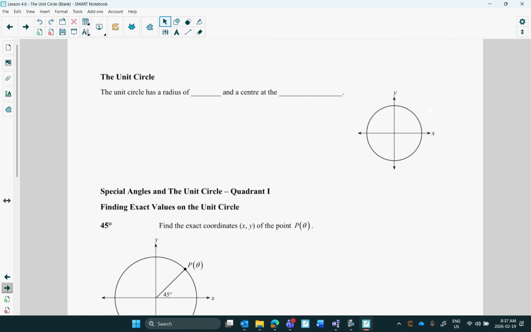We use a coordinate grid, and we draw a circle around the center, where the radius is 1. That's 1 unit, okay? And the center is at 0, 0.